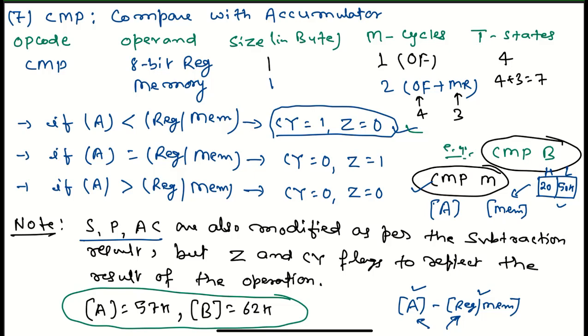It is just using those resources or that data to perform the subtraction internally by the processor, and as per the subtraction result it reflects over the flags, but it is not going to store this subtraction result. So this is the key point of this instruction. You must keep it in mind for the further use of this instruction as per the requirement. So I hope you understand this with much clarity. Thank you.